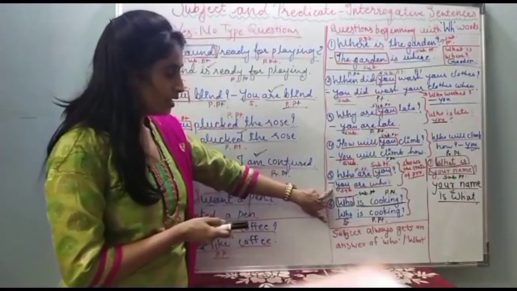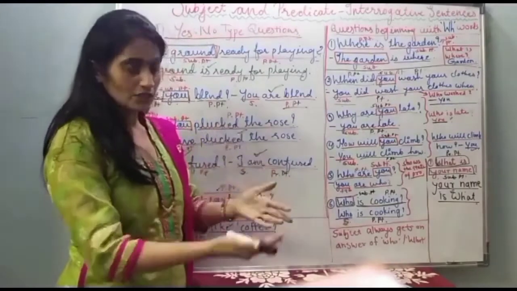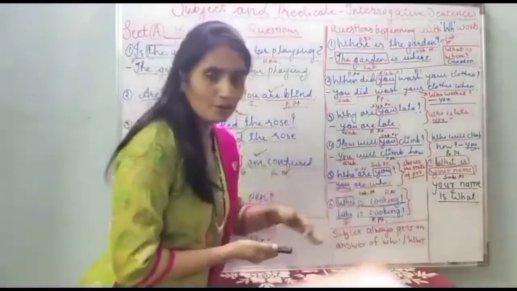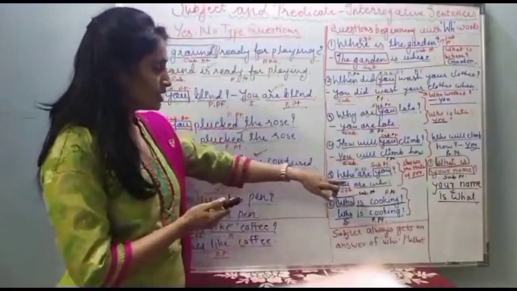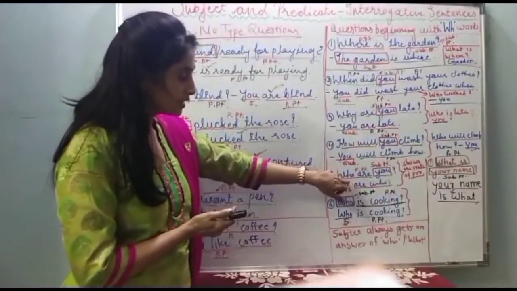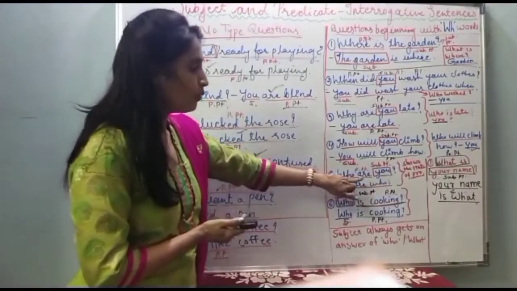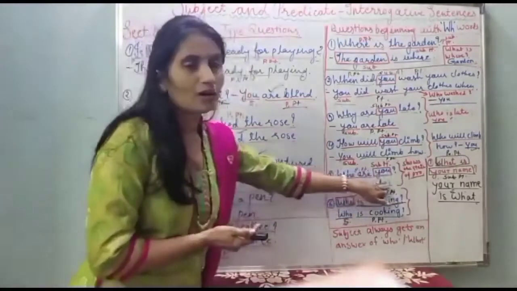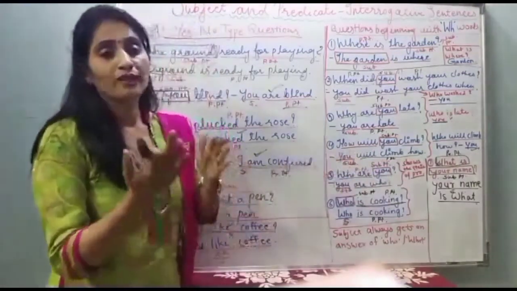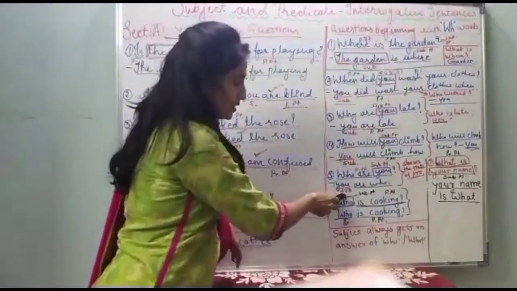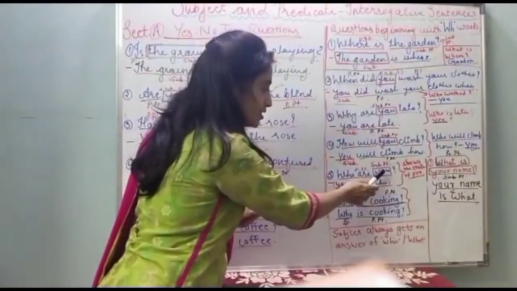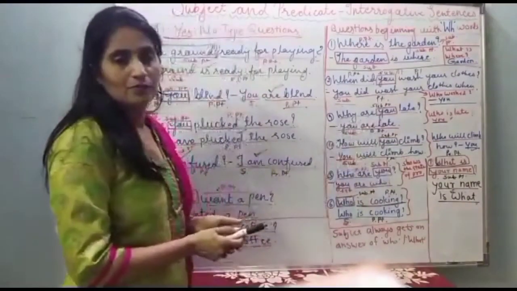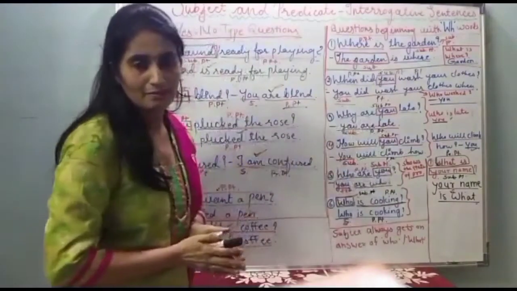In this sentence, we have made a statement as you are who. The conversion of this interrogative sentence, who are you, is you are who. And so we can say that you is the subject part and the remaining part is the predicate part.